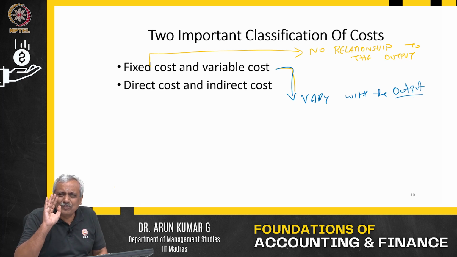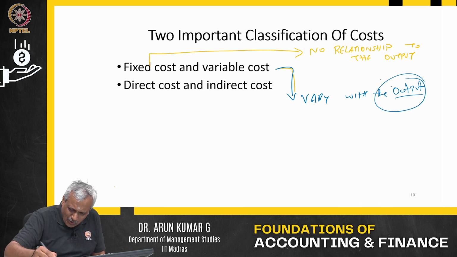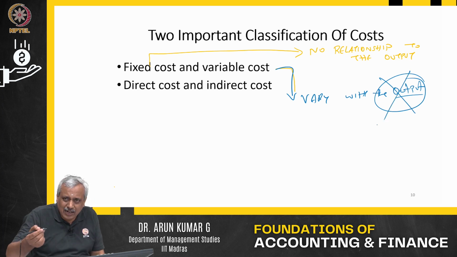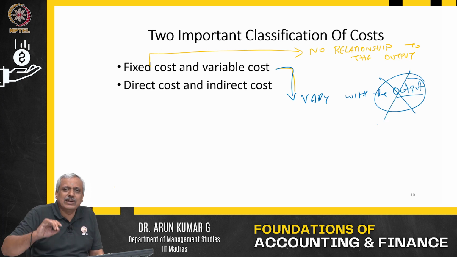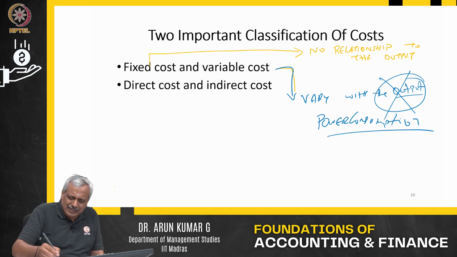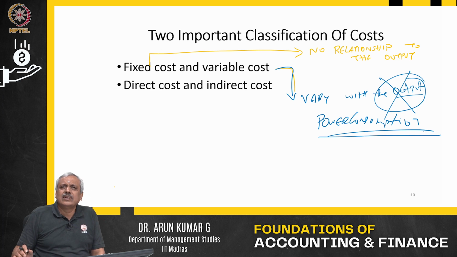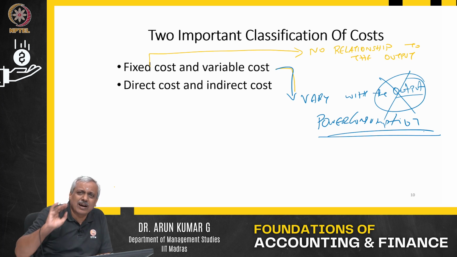It will not be static. Is it directly related to output? No, need not be. Let me repeat, can be, need not be, but it varies. Let us say power consumption. It is a variable cost. It is not the same every month, it varies every month. That is what we call variable cost.